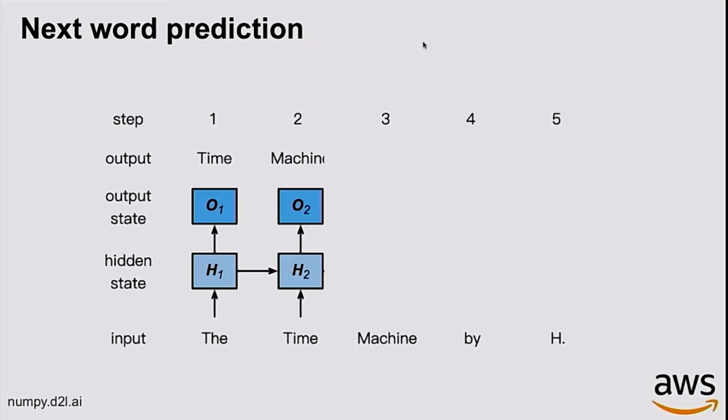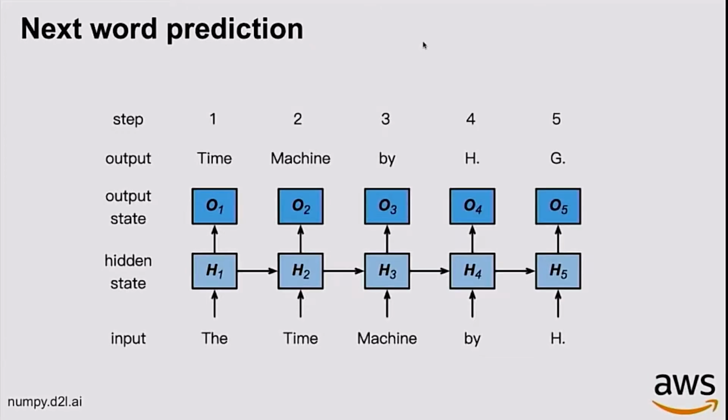This hidden state is trying to learn that the next word will be "machine". Similarly for the rest of the time steps, the next step, you will continue learning, continue updating your hidden state, and continue predicting the next words.